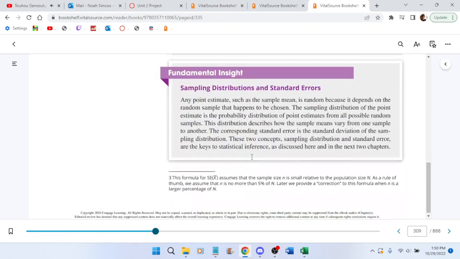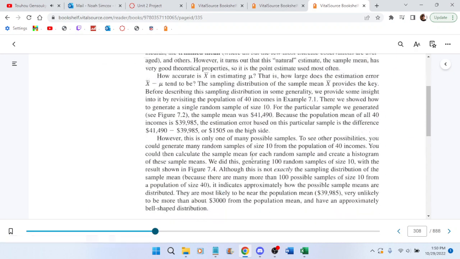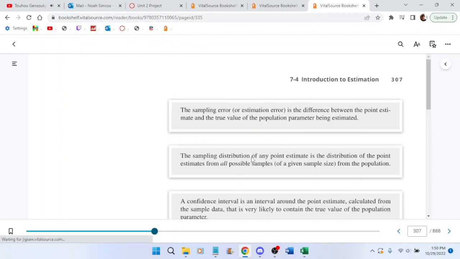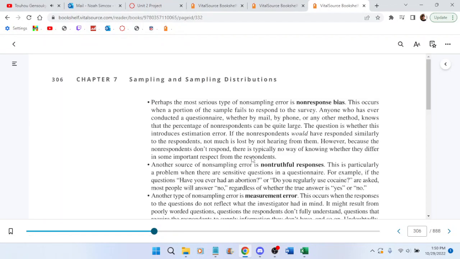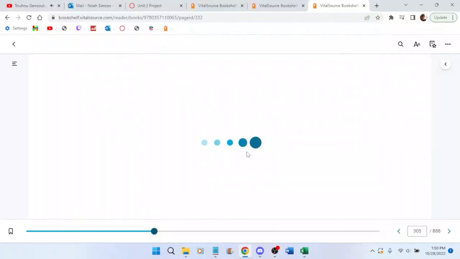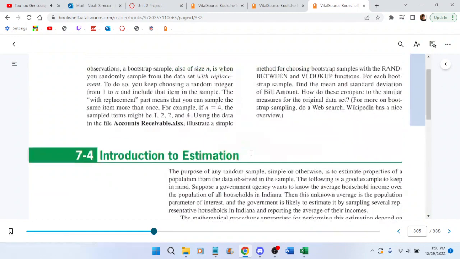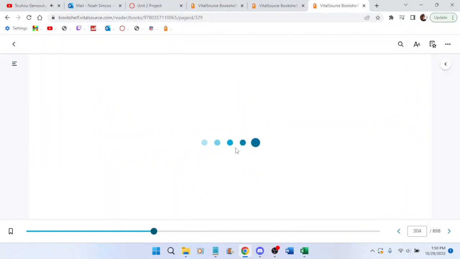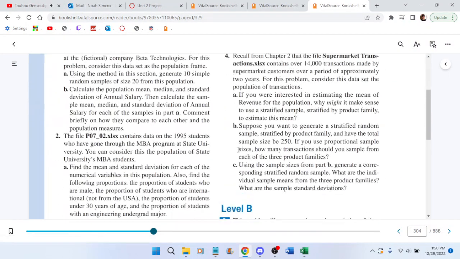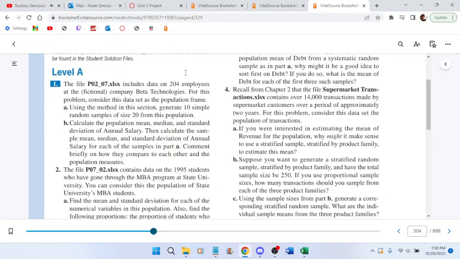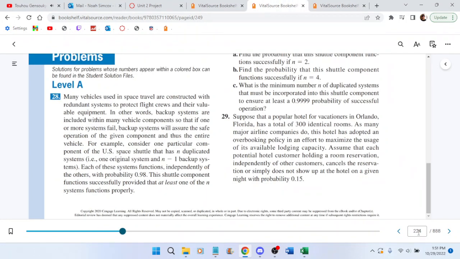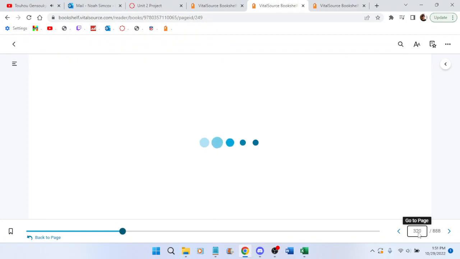Where even is it? Where's the problem set? Simple random sample. I think it was like 320.